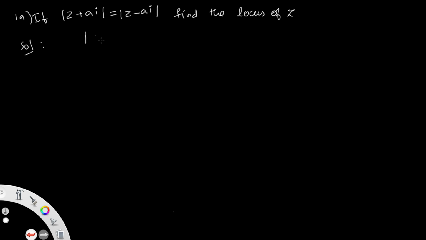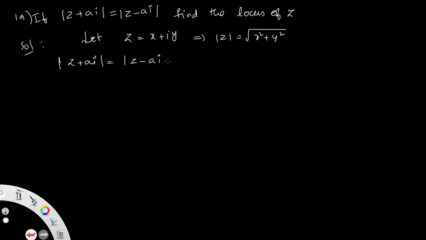So that is, let z equal x plus iy, and modulus of z is nothing but the formula, real part square plus imaginary part square. Now simplify here. In the question it is given modulus of z plus ai equals modulus of z minus ai, where z means you have to write x plus iy in the modulus plus ai as it is.